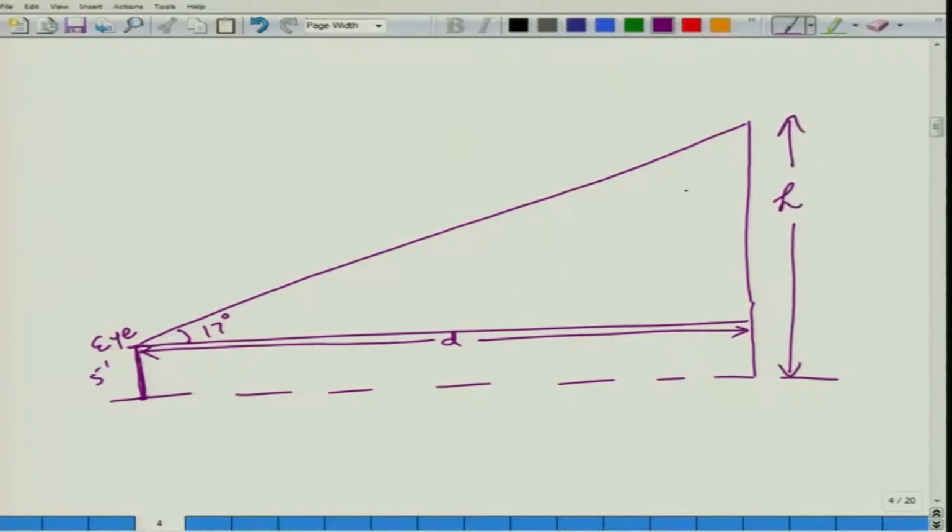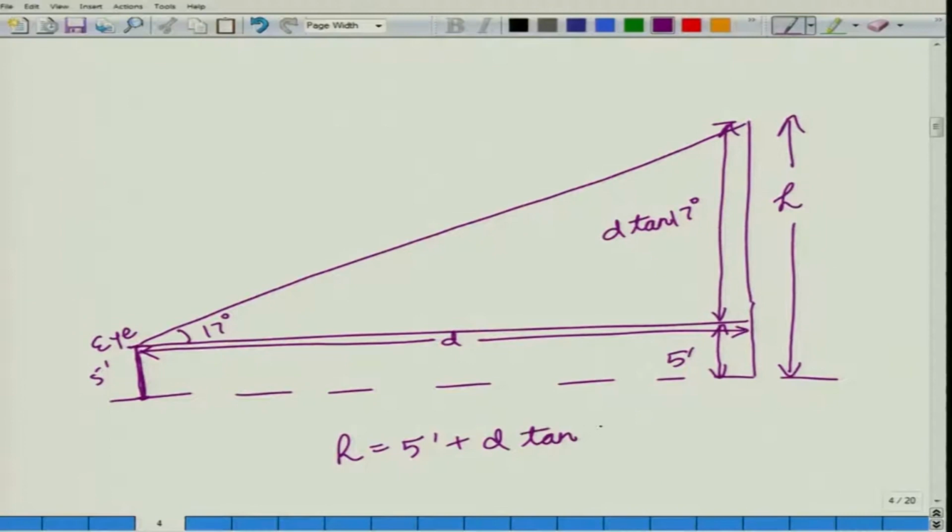Now, the height of the tree would be in two parts. This portion is equal to d tan 17 degrees and this portion is equal to 5 feet. So, we will get h is equal to 5 feet plus d tan 17 degrees.